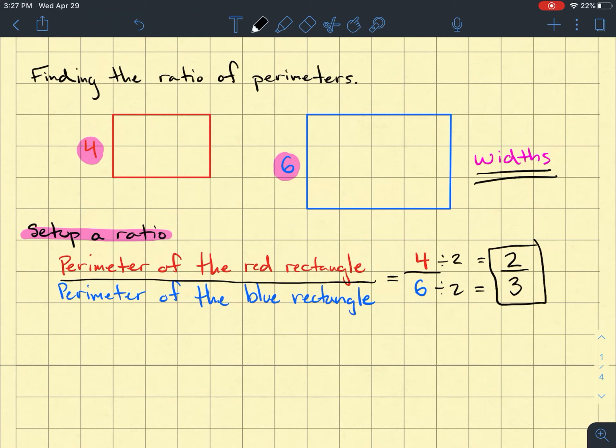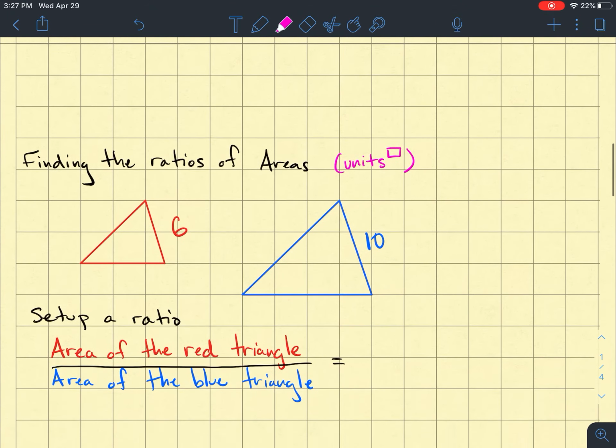So that means for every 2 values of red, you're going to have 3 values of blue, just like you see in their widths, right? In their widths, you have 4 and 6, and that holds the same ratio as 2 to 3. Moving on.